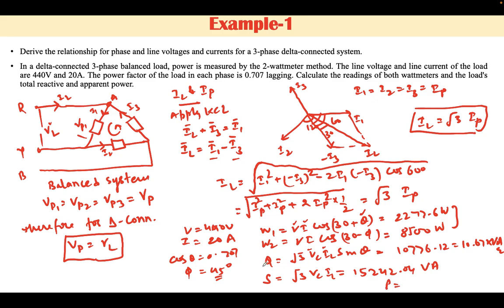Instead of sine theta, in case of P we will have root 3 VL IL cos of theta, and that will be equal to 10.67 kilowatt. This is the answer. It can be written as 15.24 kVA.